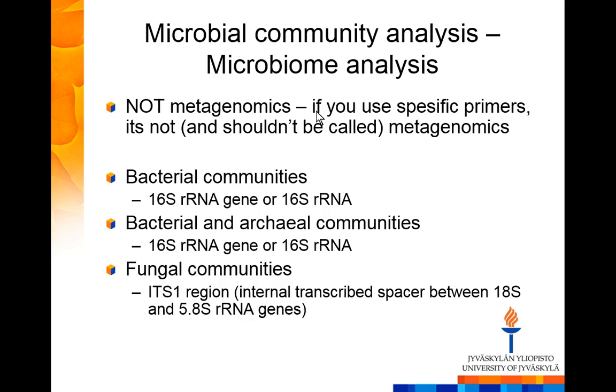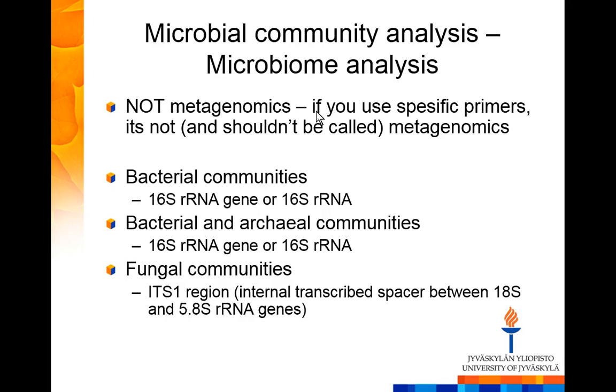And if you analyze the microbiome, you often characterize the bacterial communities. That's what people used to do with different kinds of fingerprinting methods in earlier days when sequencing was more expensive. You extracted DNA and typically sequenced the 16S rRNA gene.